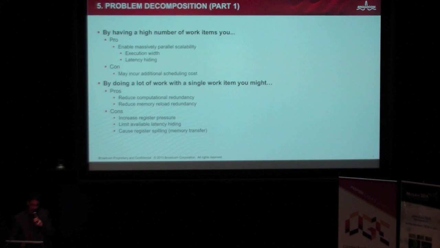But as a negative side, if you have far more work items than optimal, then you're just introducing additional scheduling cost. What is more interesting is to decide how much work you want to do with a single work item. And by a single work item, I mean a single work item within a single kernel launch.